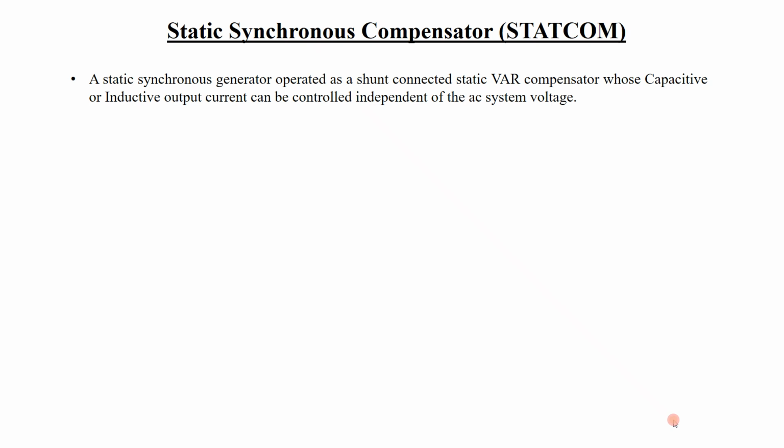In a very light load or almost no load situation, the line capacitance increases, and as a result we see the Ferranti effect, that is, the sending end voltage is more than the receiving end voltage.